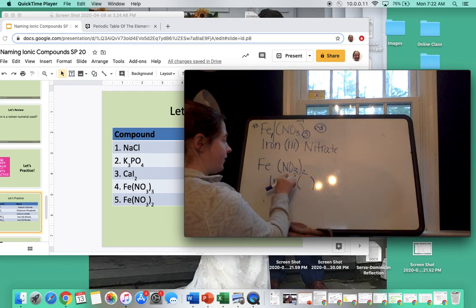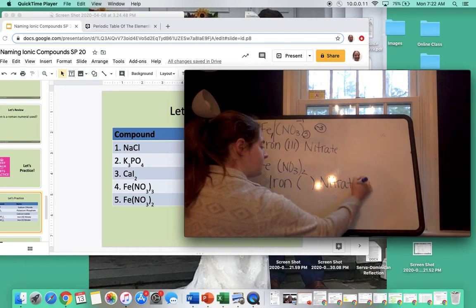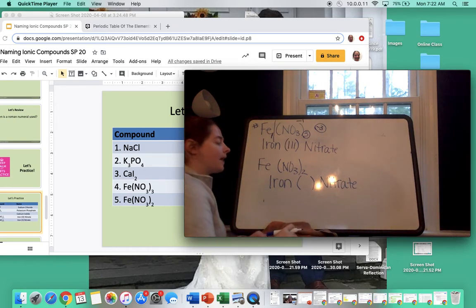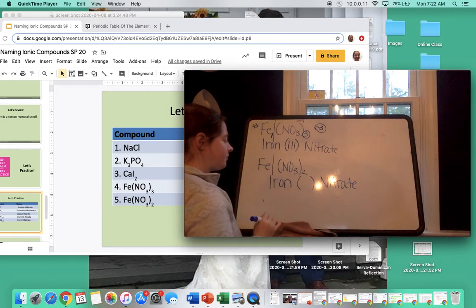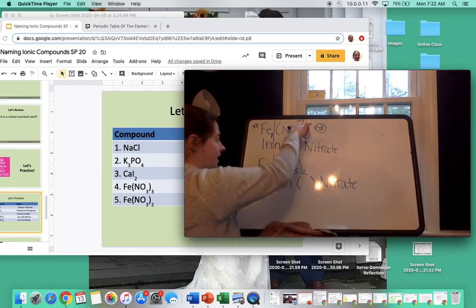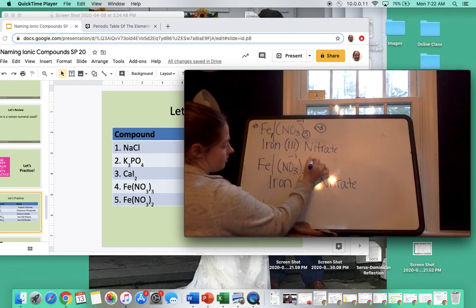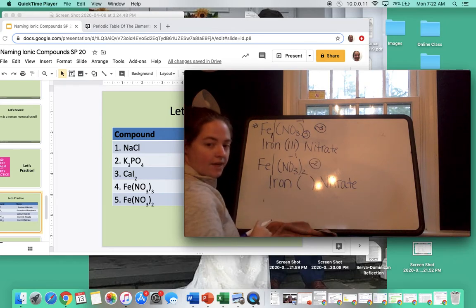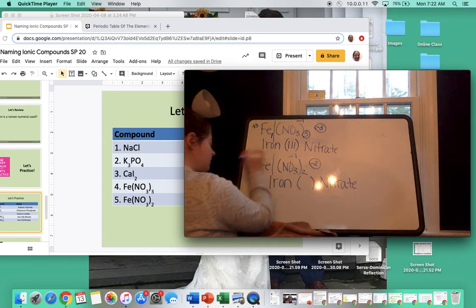We know that NO3 is nitrate from the polyatomic ion sheet. Now we have to do the charges. So I'm going to draw the line. I know from before that nitrate had a -1 charge. So -1 times 2 is -2 on the right-hand side. If the right-hand side is -2, the left-hand side must be +2.